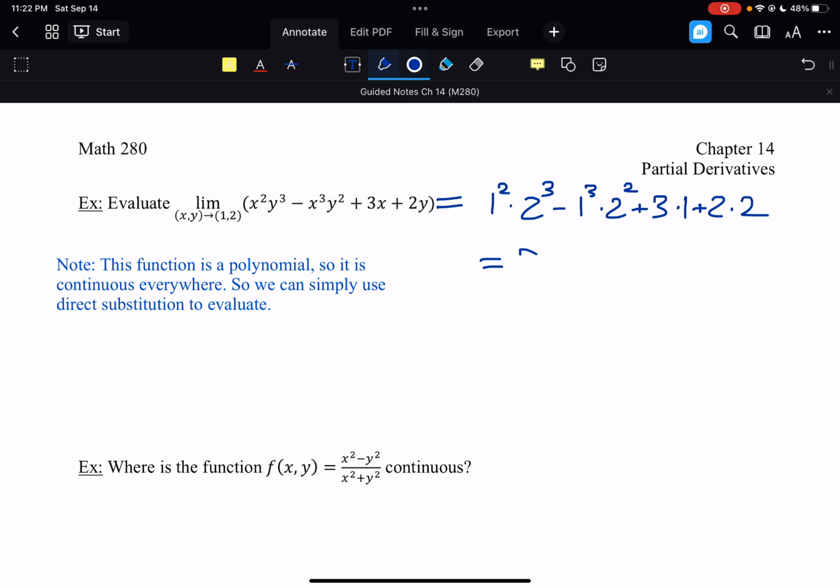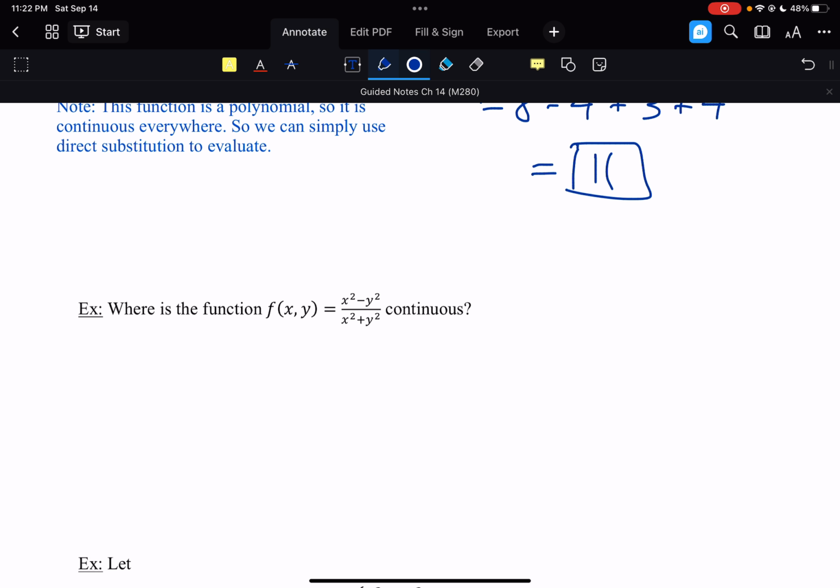So that's 8 minus 4 plus 3 plus 4, which is 11. So much nicer, so much faster than using that alternative method. And again, this only works because of continuity, because it obeys those properties.